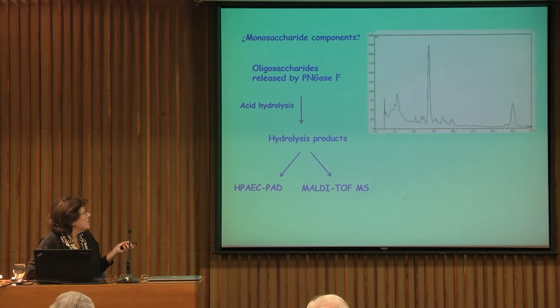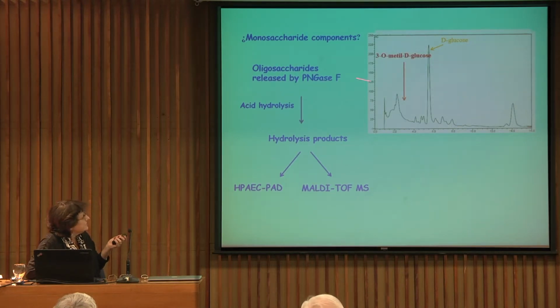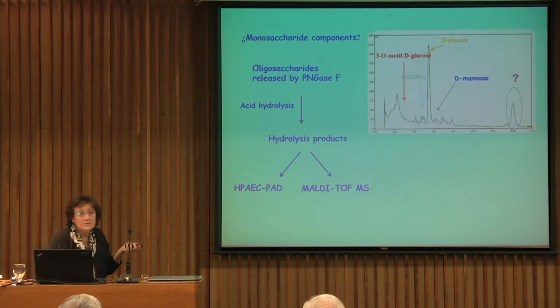This was the analysis in anion exchange chromatography, and we could detect a big peak of D-glucose and also a peak that migrated less than 3-O-methyl D-glucose, suggesting a modified sugar, and also a little peak of glucosamine, a little peak of mannose, and a high peak that was not known.